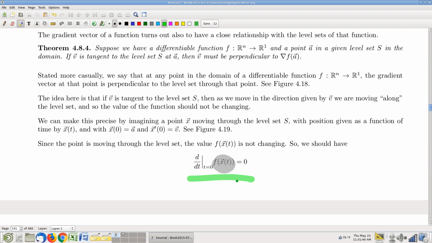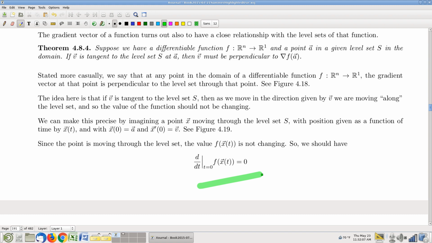Right? Okay. So now let's interpret what we've got here. What is this statement here saying? This parametric curve passes through the point A with velocity equal to v.